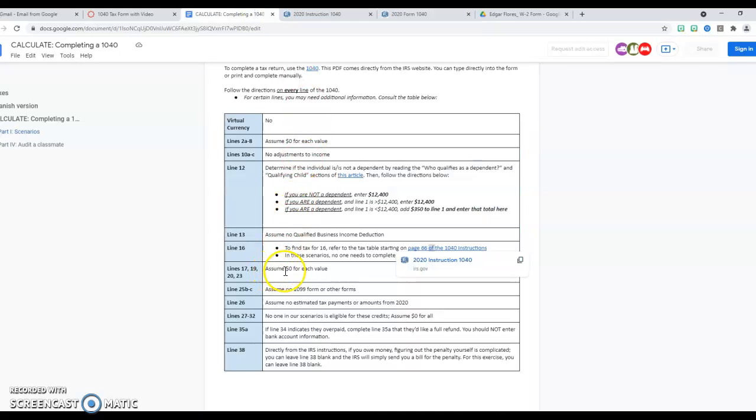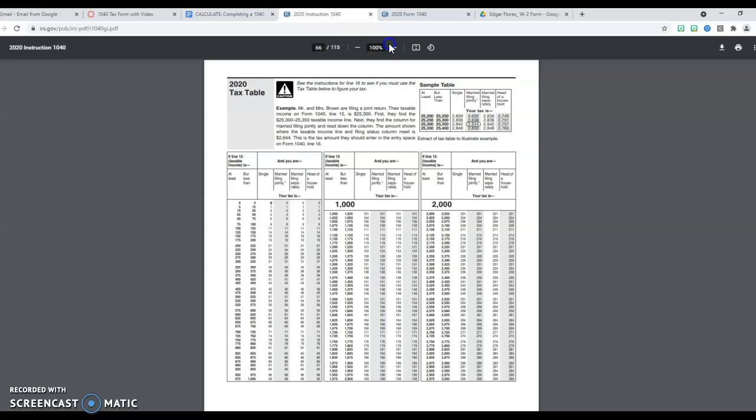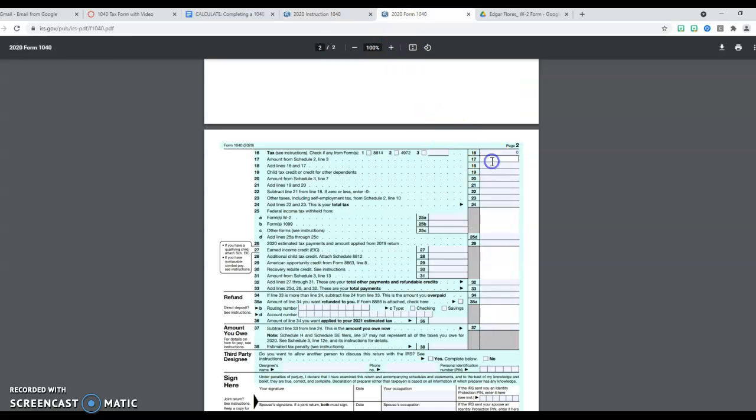Coming back, I'm going to enter 0 for 17, 19, 20, 23. Okay, 0 for almost all things here. So I'm going to come to 17. I'm going to hit 0, 18, 0, 19, 0, 20, 0, 21, 0, 22, 0, 23, 0, 24, 0.